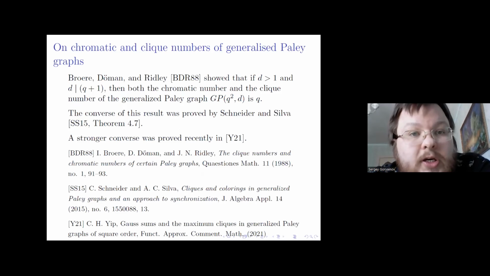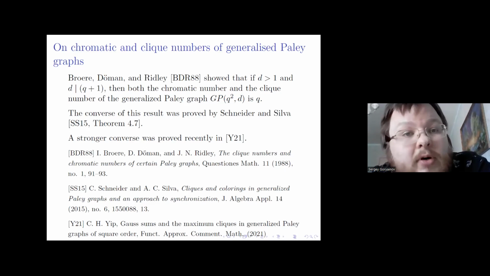Brouwer, Dorjnyambuu, and Ridley showed that if d is greater than 1 and d divides q+1, then both the chromatic number and the clique number of the generalized Paley graph GP(q^2, d) is q. The converse of this result was proved by Schneider and Silva. A stronger converse was proved recently by Chihoib.